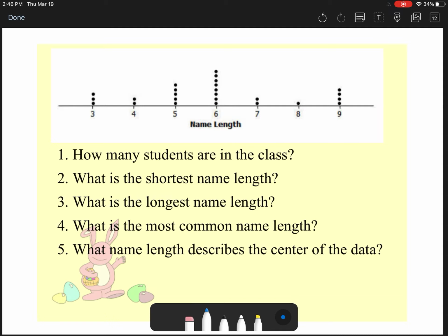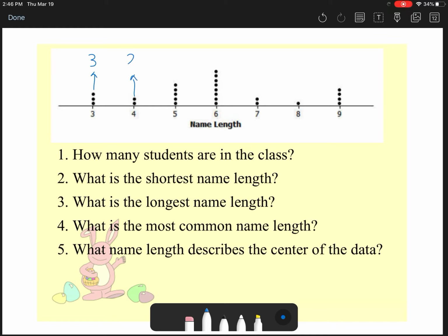So let's look at the other types of questions that we could answer based on the dot plot. How many students are in the class? If we want to find out how many students are in the class, we're going to add up each column of dots. For example, the first column we have 3 dots.